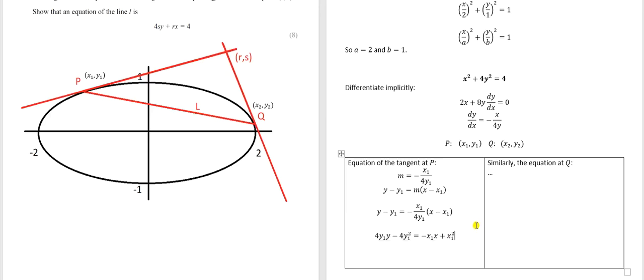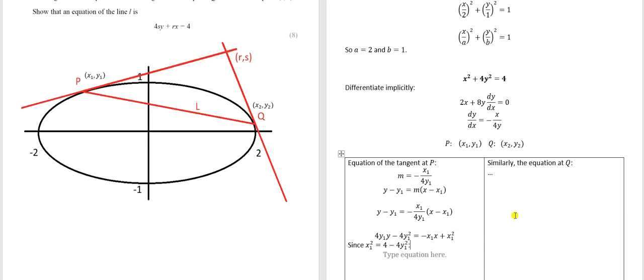Since x1 and y1 are the coordinates of a point which is on the ellipse, we know that they satisfy this formula. So we could either rearrange and use it directly, or we could say, since x1 squared is equal to 4 minus 4y1 squared, we could just substitute for that straight away.